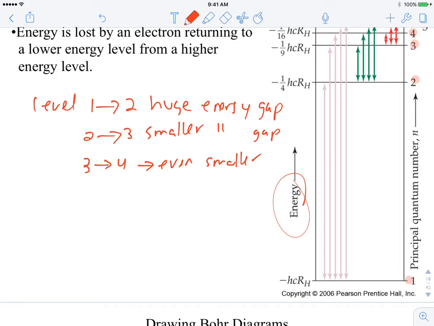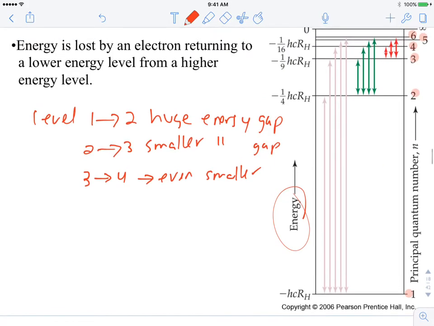Now, how the electron moves will determine what type of light is given off. If the electron returns to the first level from any other level, those are the pink lines over here, and you will give off ultraviolet light. That is more energetic because it's such a big energy difference.